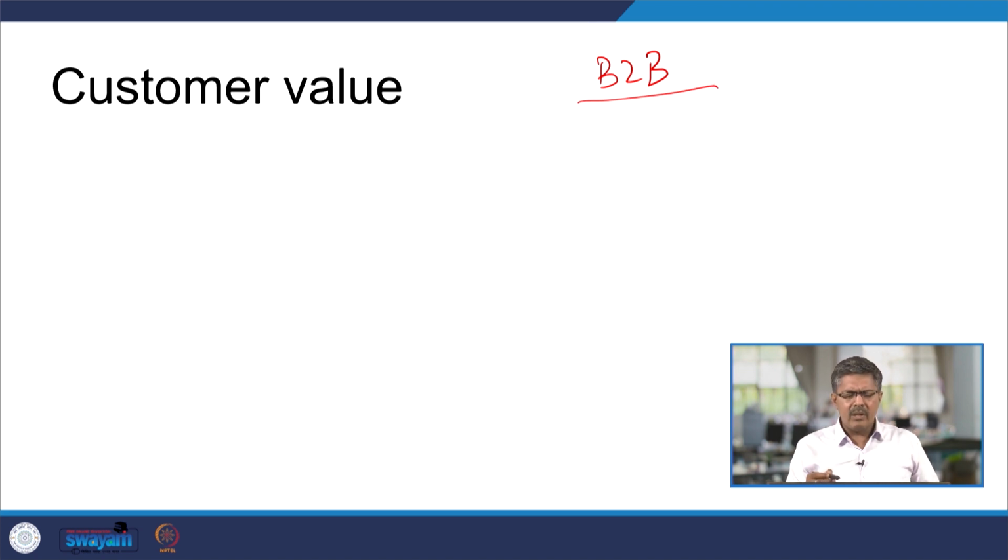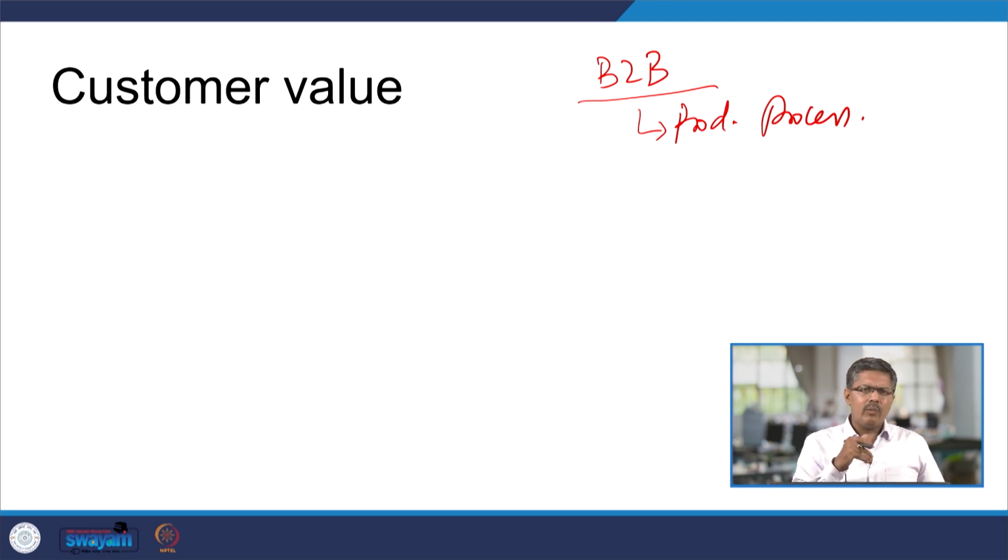So, what they do is try to understand how the product would be helpful to them in their production process, or in their overall marketing, right. And how that benefits their customers. So, understanding this is very important from the customer's point of view. So, how does the customer value the product?